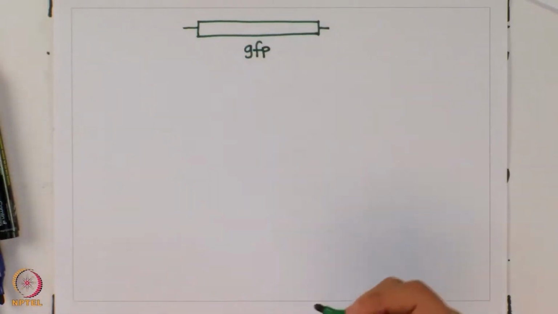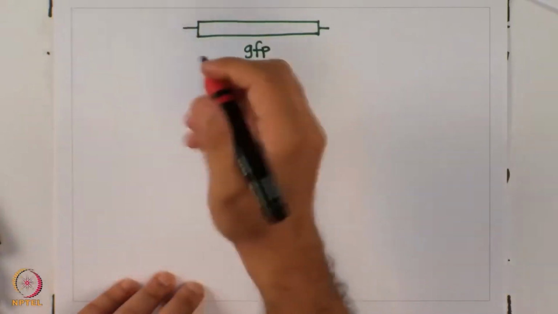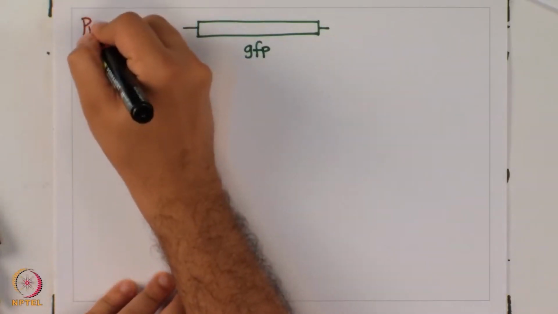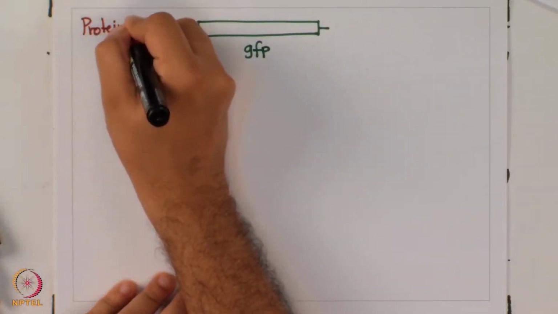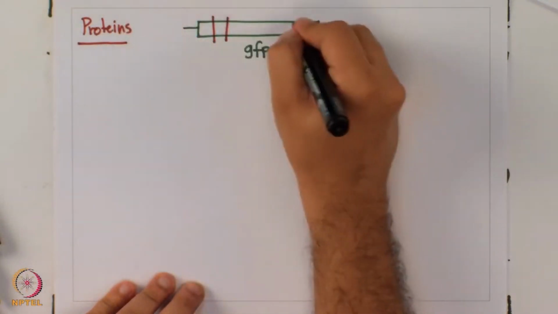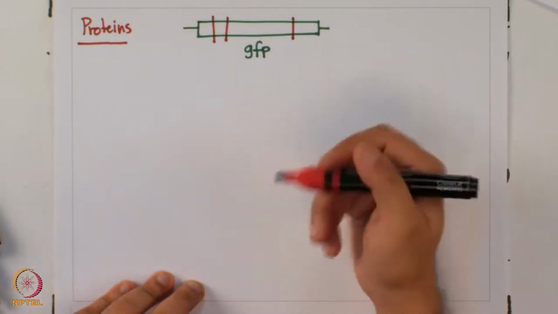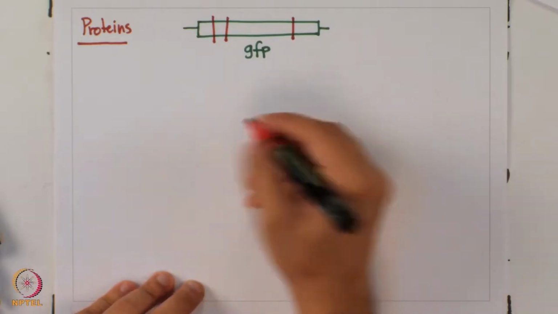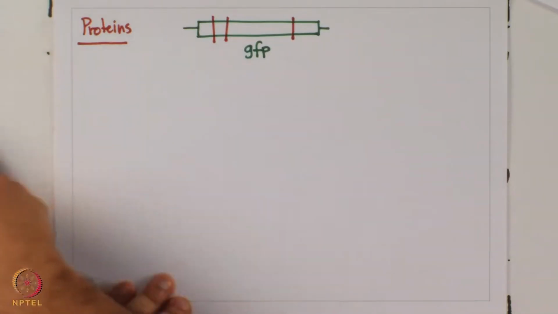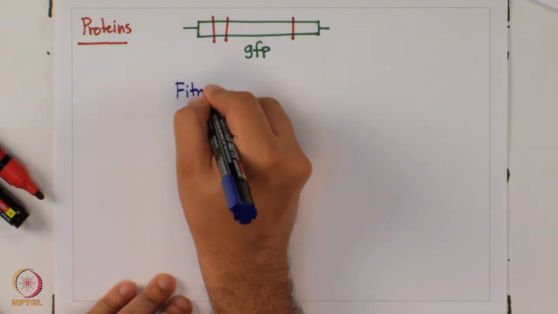And now I am interested in a similar exercise, so this is for proteins now, and I am interested in what role this and this residue have in controlling the property associated with this protein.